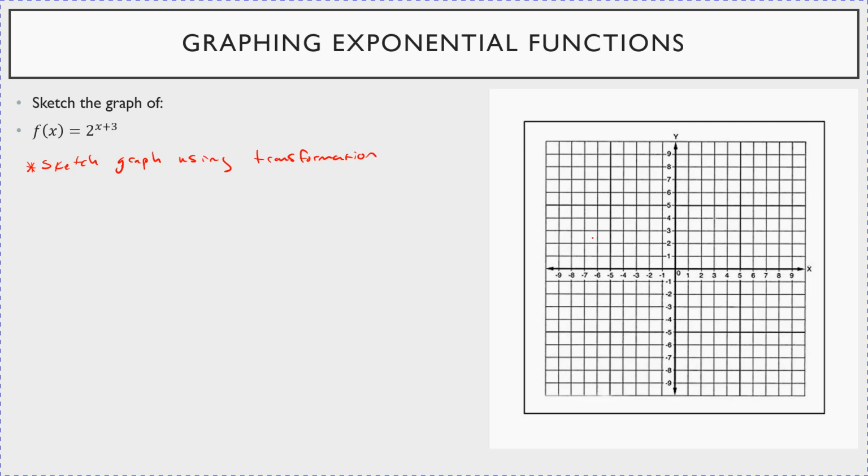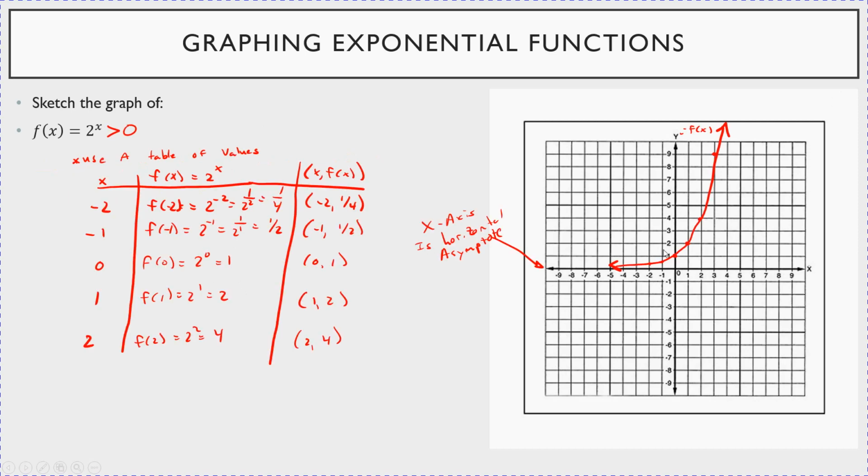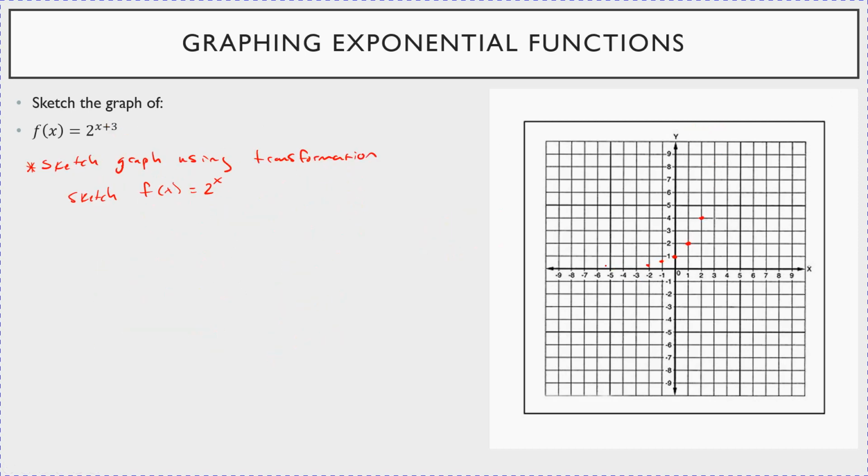So first, I'm going to sketch the parent function. From college algebra, you should have learned that we're adding plus 3 in here with x, so my parent function is just 2 to the x. So I'm just redoing the points from the previous example here, okay? And you can see here, this first graph is 2 to the x.